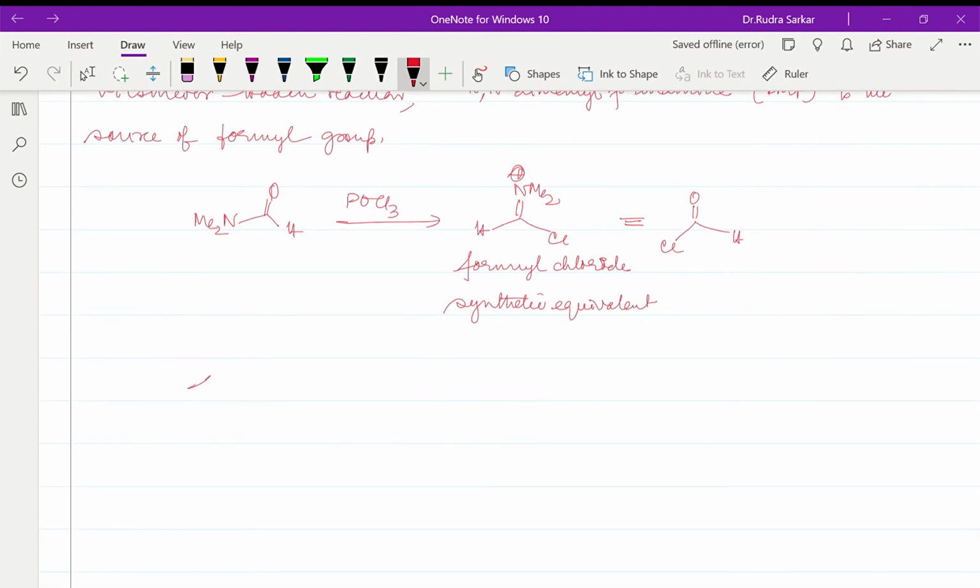Now regarding the mechanism, I am drawing it out here. So over here basically, one thing more, that this reaction is favorable only for highly electron rich systems. So if we are using a phenol out here, the reaction will take place to the electrophilic center, that is the carbon. The system should be an activated electron rich ring, I mean benzene ring.